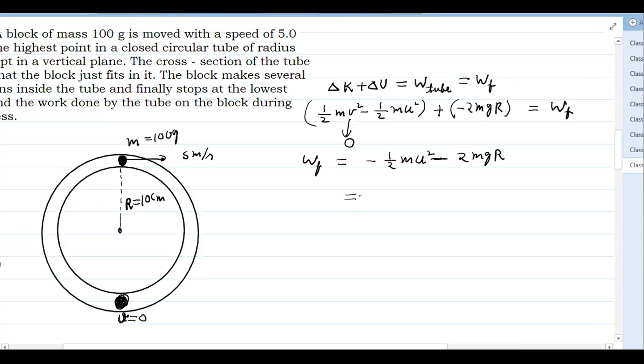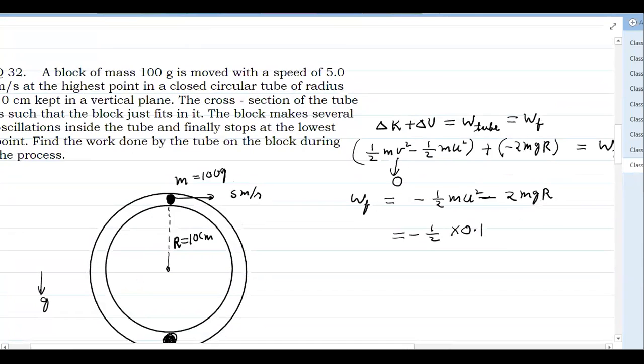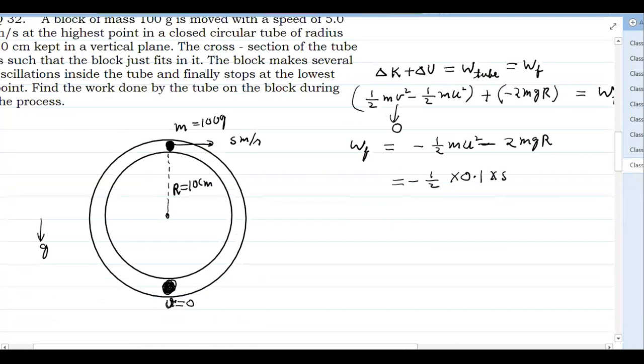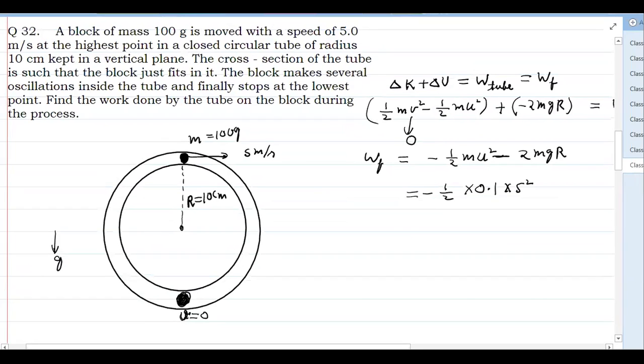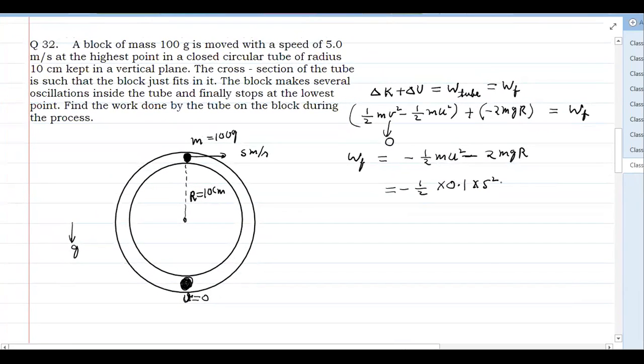So put all the values. Minus half, m is 0.1 kg, 100 gram. And then we have speed, which is 5, squared. And then minus 2, and m is 0.1, g is 10, and r is 10 centimeter, so 0.1 again.